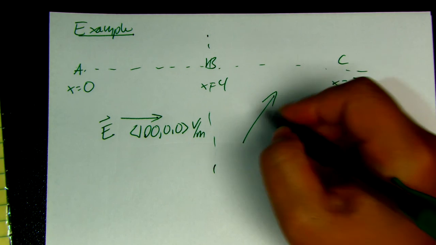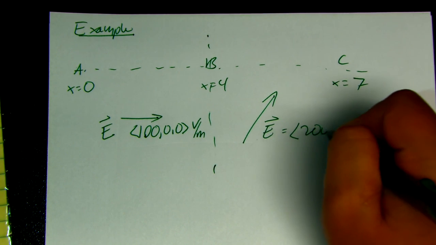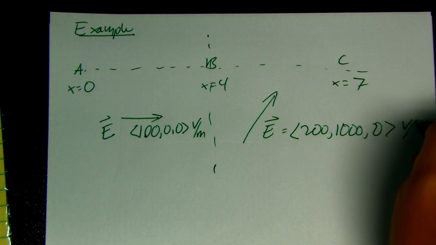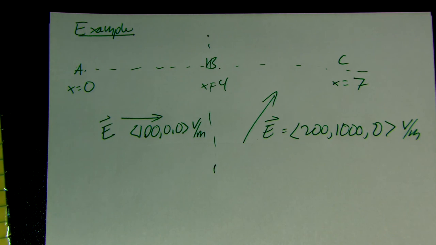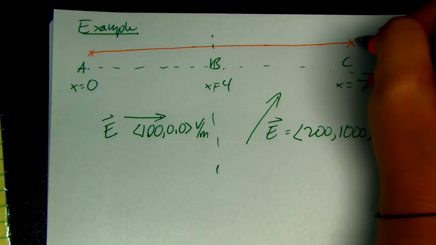And then we've got a field from B to C that is equal to (200, 1000, 0) volts per meter. And we want to look at delta V if we go from A to C.